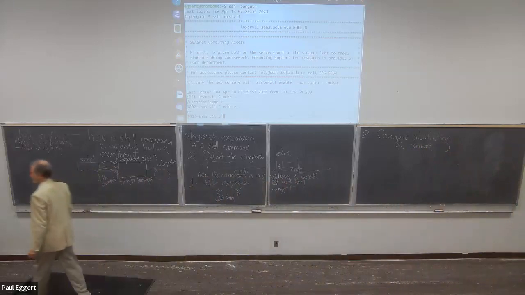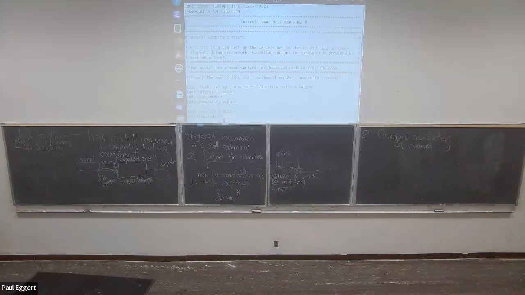So we can do something like this. We can say echo tilde and get Eggert. We can say ls echo tilde, and this is equivalent to saying ls ucs-fac Eggert. Since I happen to be in that directory now, it's the same as just typing ls.